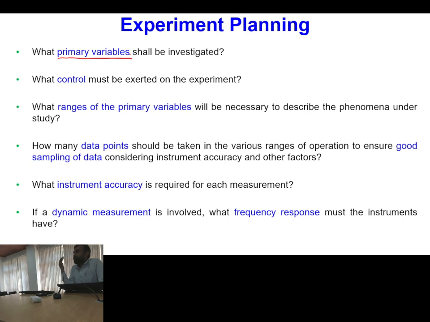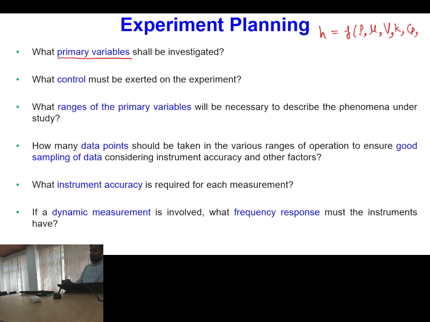For example, if you have to experimentally calculate the value of the heat transfer coefficient, we know that the heat transfer coefficient is a function of the properties of the fluid, density, viscosity; it is a function of velocity, of thermal conductivity, of specific heat, of what else?